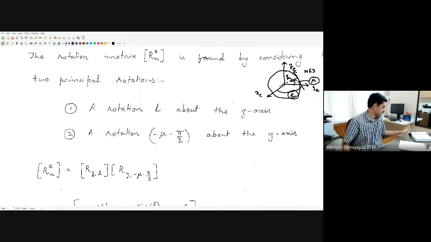So let me see if I can get this picture out. Should have the picture somewhere. Yeah, page number 34.